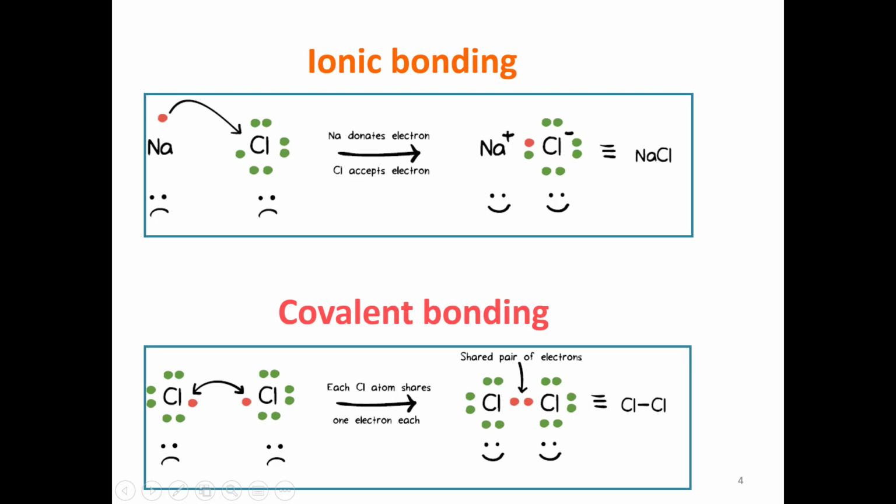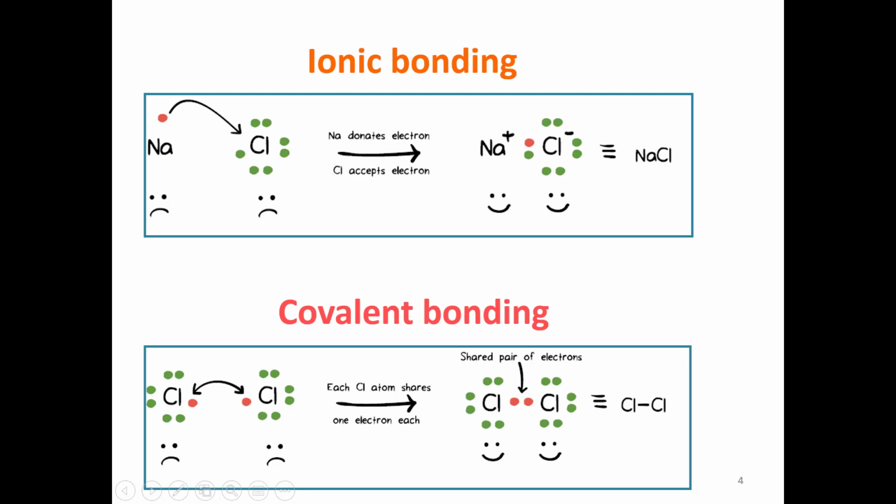And in the case of covalent bonding, we have chlorine. Chlorine has 7 electrons in the last shell. The other chlorine also has 7 electrons in the last shell. What they do is share the electrons.